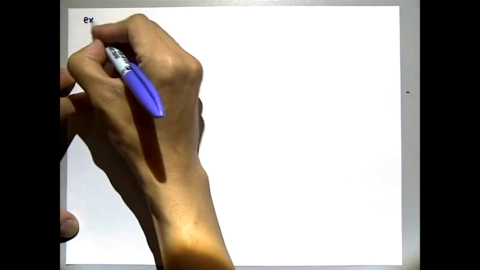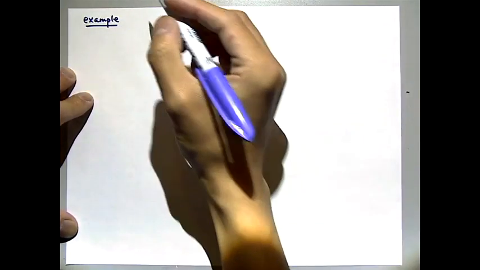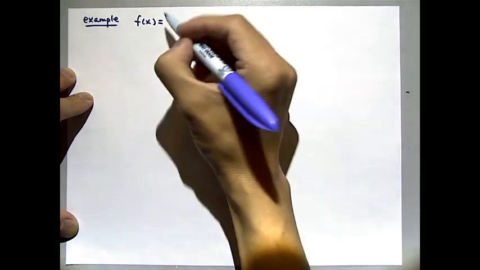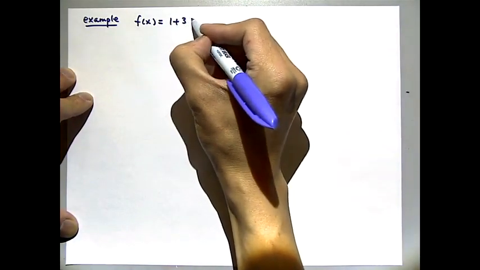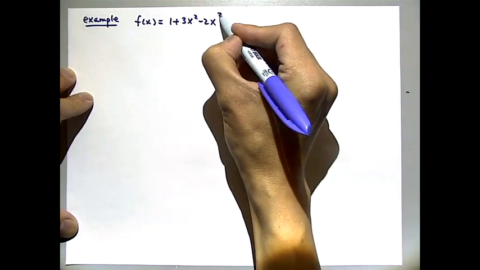Okay, let's try that on something. We'll start with a simple polynomial function here. One plus 3x squared minus 2x cubed.